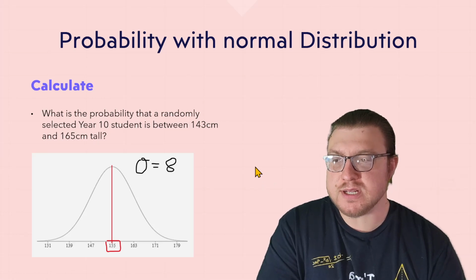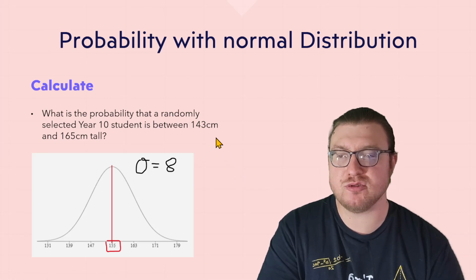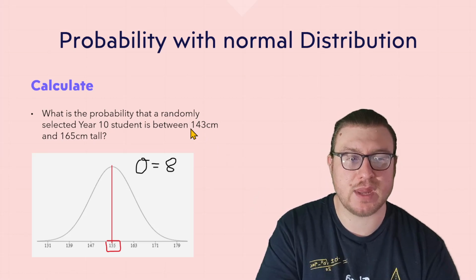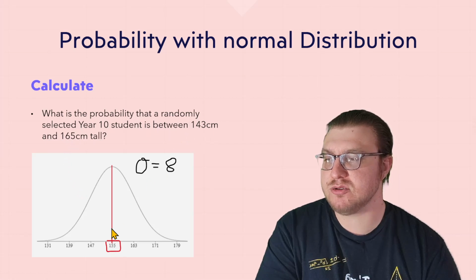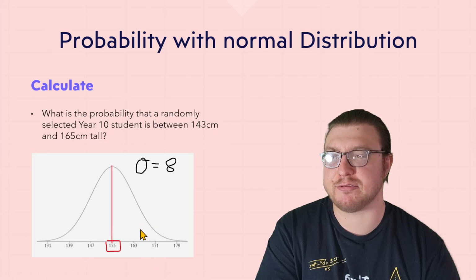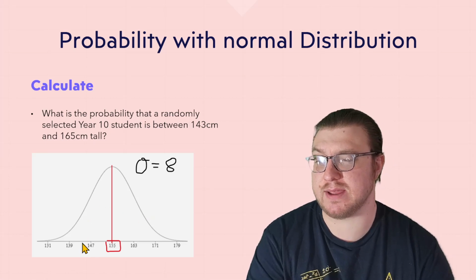What is the probability that a randomly selected Year 10 student is between 143 and 165 centimeters tall? We have a between question, so we're going to mark 143, which is round about here, and 165. In your graph, it doesn't really matter where you make these lines.